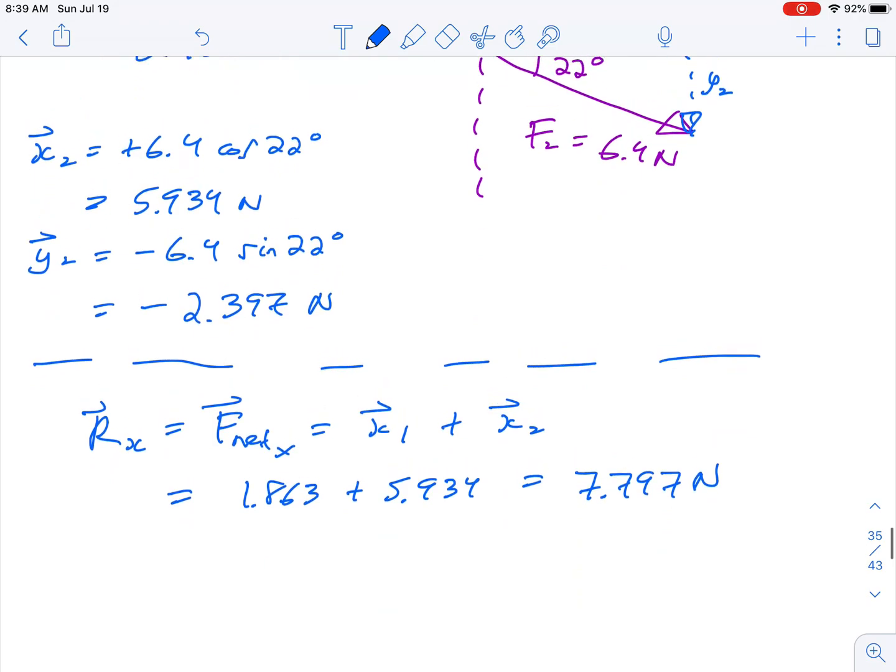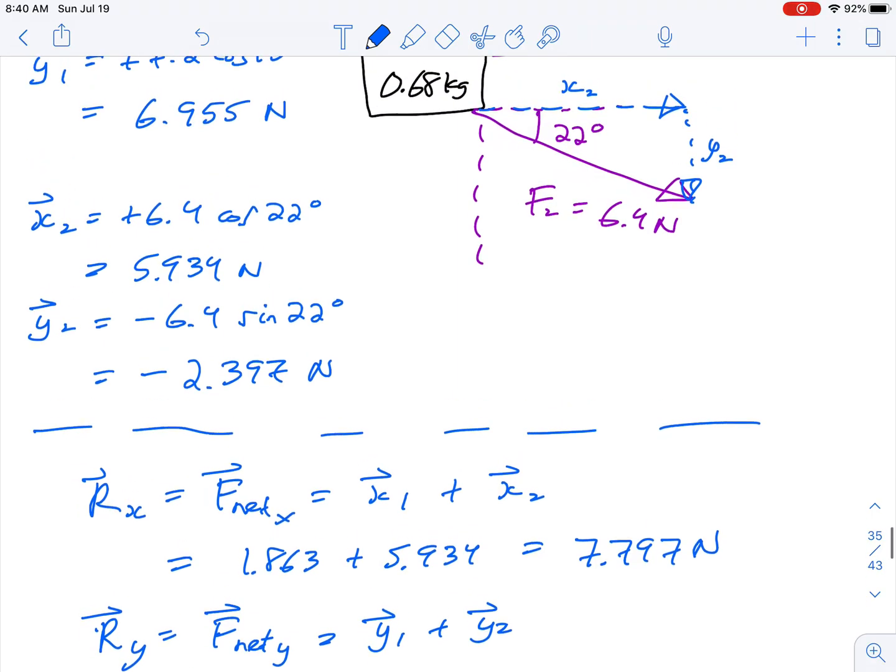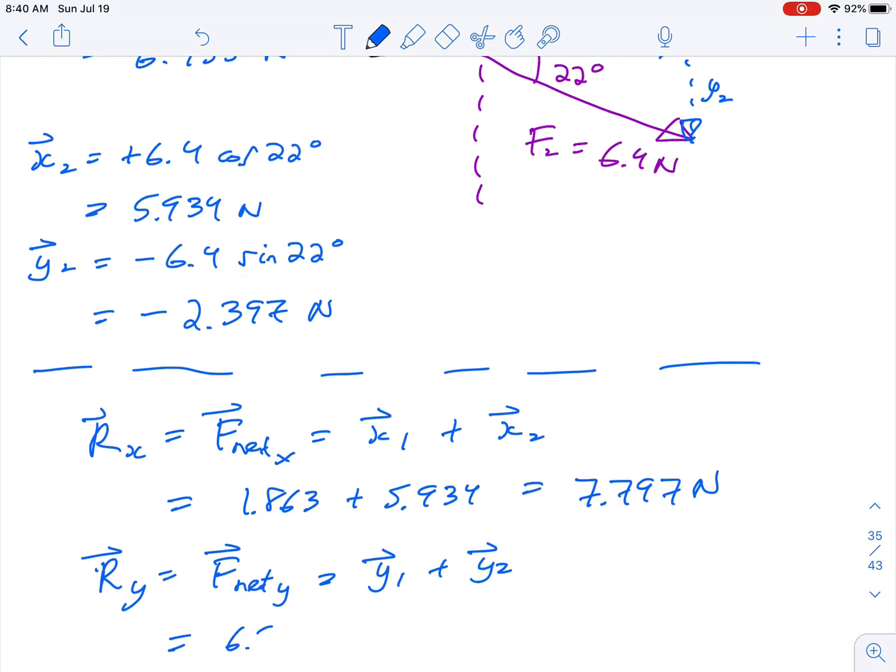Similarly for the vertical. So you can use either R or F net when you describe it, your choice. So simply y1 plus y2. y1, 6.955. y2, negative 2.397.